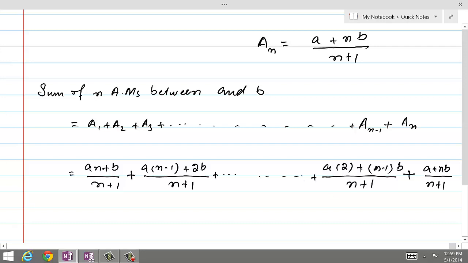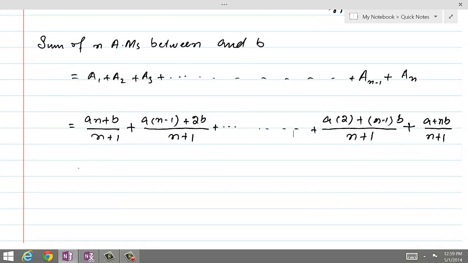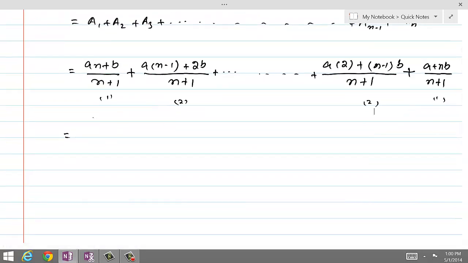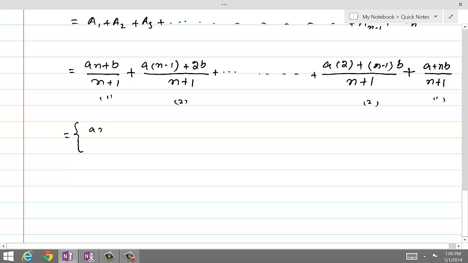So this is how we can find the sum. Now we combine the first term and the last term, then we take the second and the second last and combine those. Let us just do that. Just for better understanding, I'm going to use brackets. So this is (an plus b) over n plus 1, and the last term is plus (a plus nb) over n plus 1.